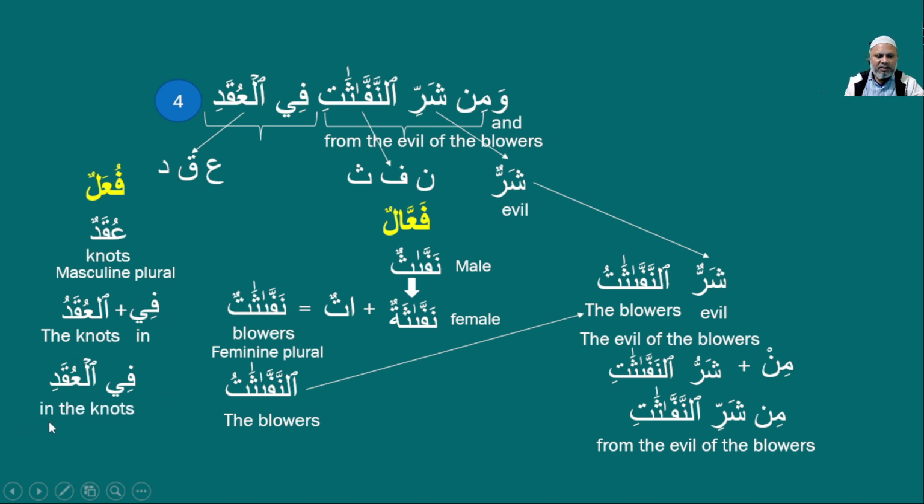So fil-uqadi means in the knots. The meaning is, and from the evil of the blowers in the knots. That means we have to ask shelter from Allah from the evil of the blowers who blow on the knots to do harmful magic on good people.